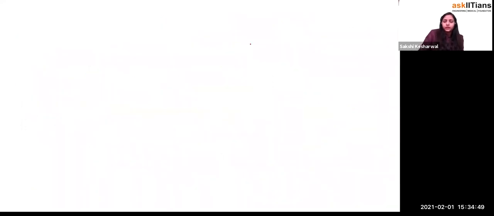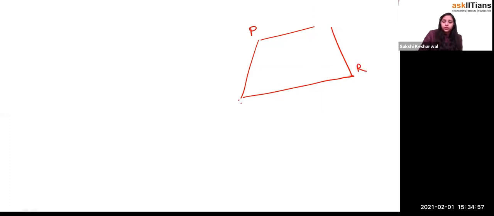Now, if I give you a question to find the remaining angle. Let us suppose I made this quadrilateral and named it PQRS. I set this angle as 120 degrees, this angle as 60 degrees, and this angle as 80 degrees. What will be this angle?